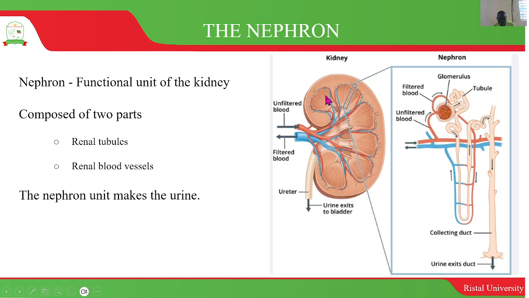So during ultrafiltration, as blood is moving through the kidneys, we have the filtration unit of the kidney, which is called the glomerulus, inside the nephron.